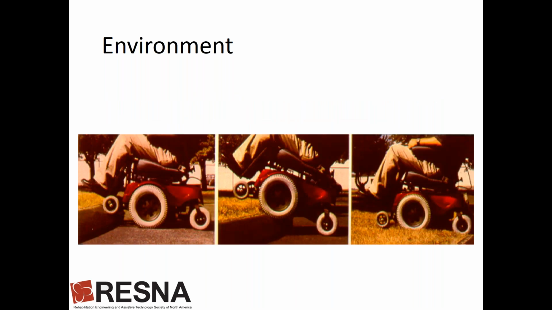This is a picture of an environment, and this is a pretty big curb that I probably wouldn't recommend somebody going up, but this chair is showing how the front caster comes up, and when that wheel goes over, there's stability on the back wheel, and then that person is up on the grass and they have all 6 points down.